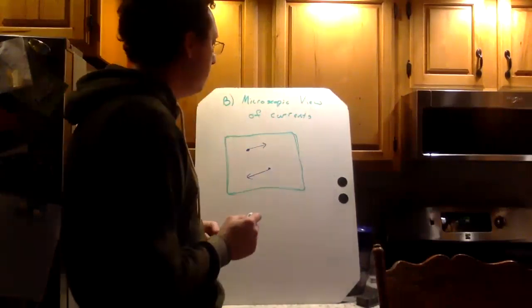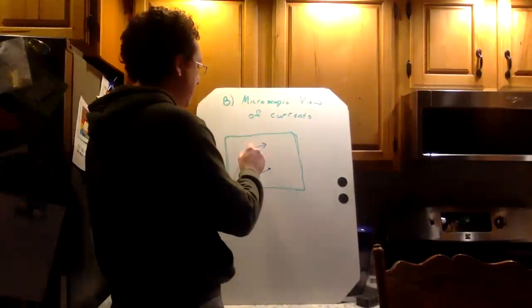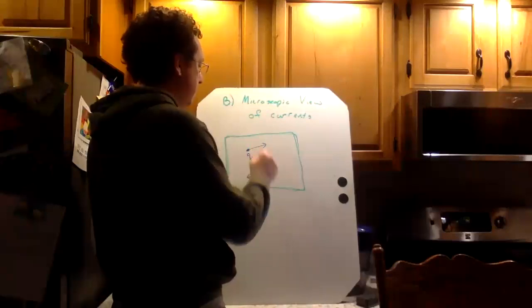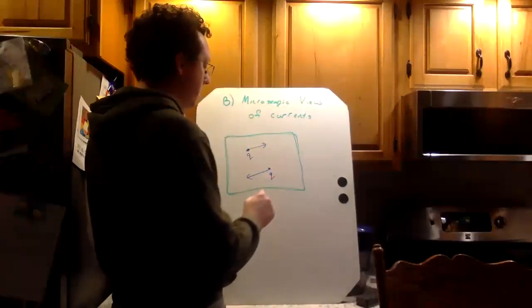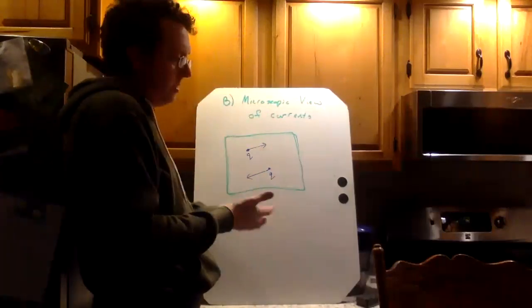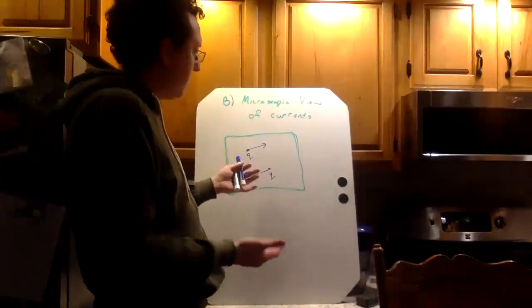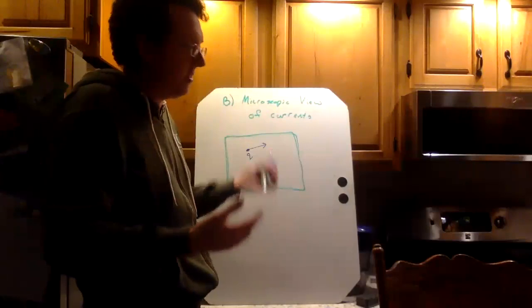We now know they're electrons, but let's just assume that these little charge carriers have some charge, which we'll call q. On average, if I just have a piece of metal or some conductor, these charge carriers are just sitting there, and on average nothing's really happening.